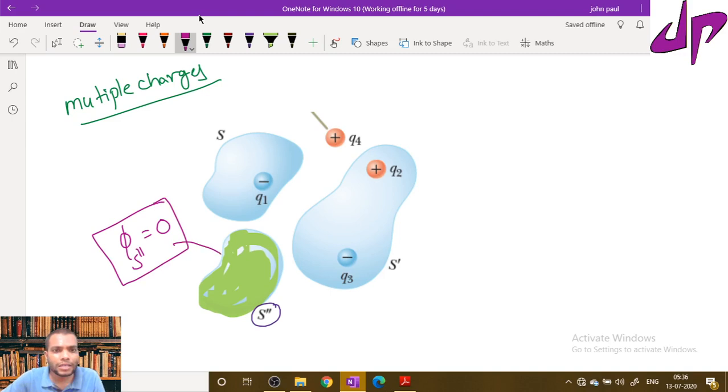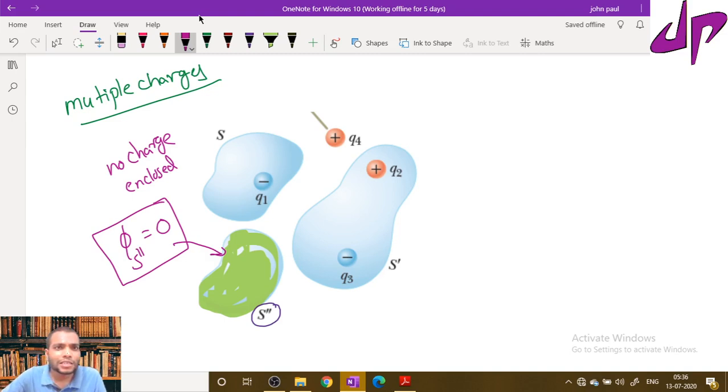Why? Because here there is no charge enclosed. If there is no charge enclosed, there is no net flux, even though the surface you select is in the vicinity of the electric field.